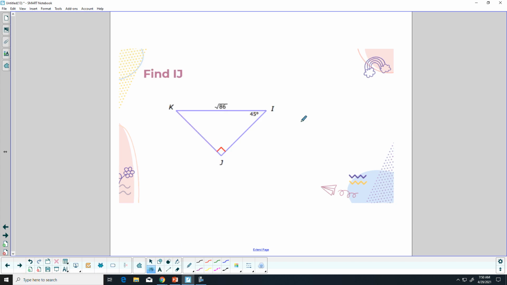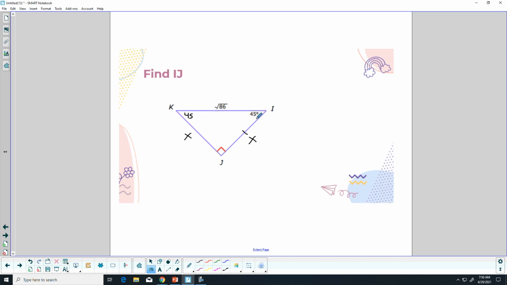All right, on this one, I want to find IJ, which would be that side right there. Okay, well that's a 45-degree angle. That's 90. This means that it also is 45. Well, I can do this two different ways. I can use special triangles, or I can think back to geometry.